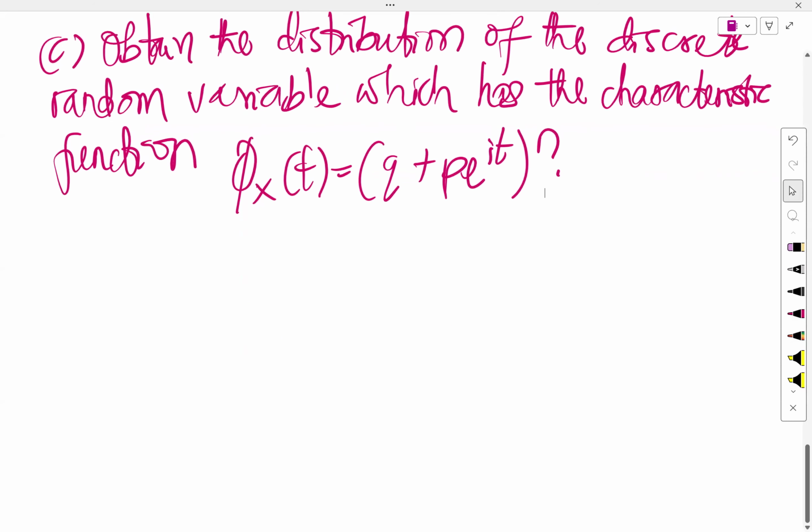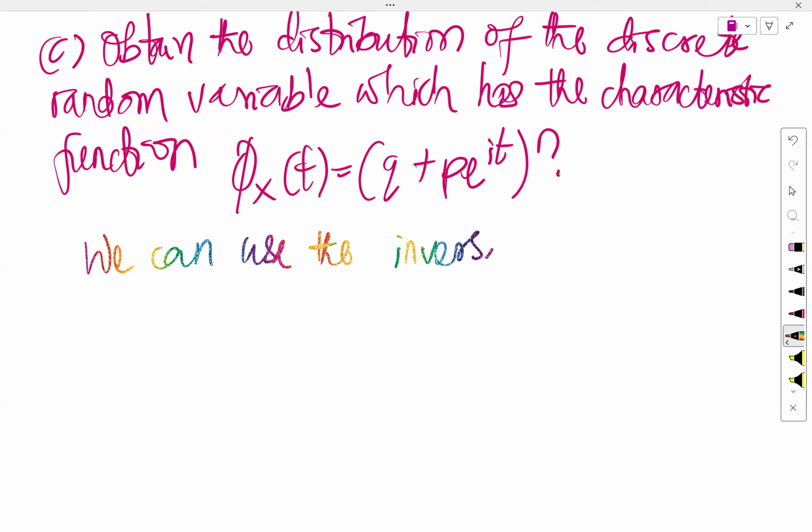Okay, and to take care of that, to obtain the distribution of a discrete random variable x given its characteristic function phi of x of t, which is equal to (q plus p e raised to power it) raised to power n, we can use the inverse Fourier transform.